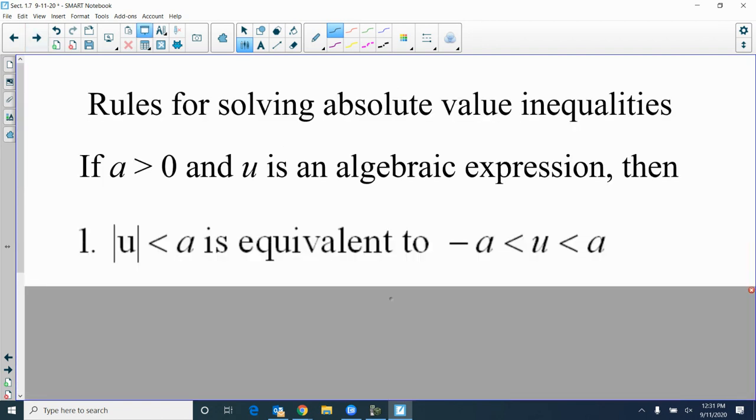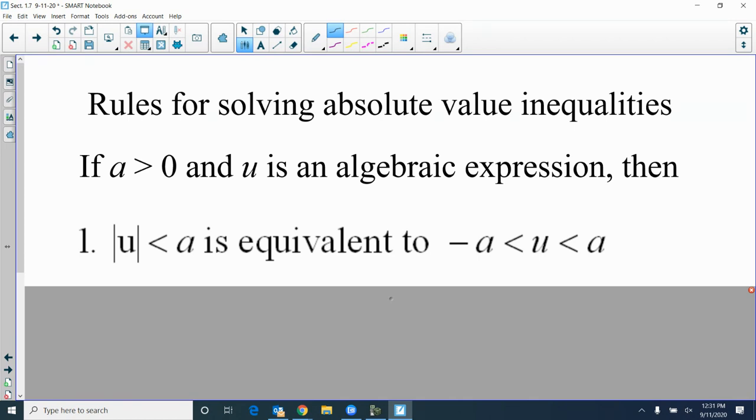So here, if a is bigger than 0, a is a positive number there on the right, and u is an algebraic expression, like 2x plus 5 or 3x minus 2. What you can do is trap it in between, like this. You can write this as -5 is less than or equal to 3x plus 2 is less than or equal to 5.